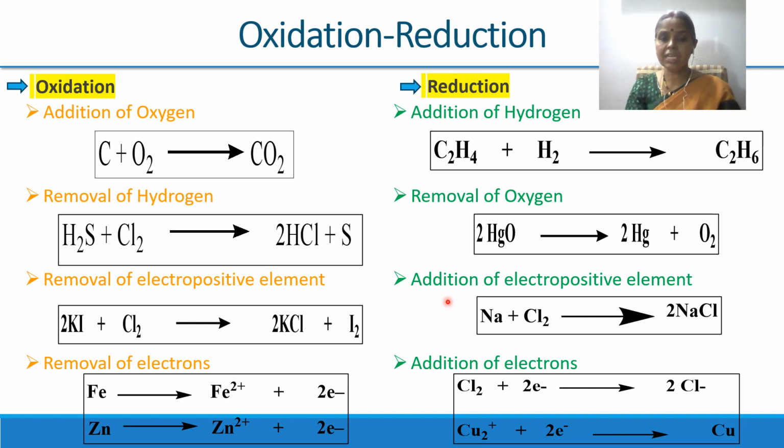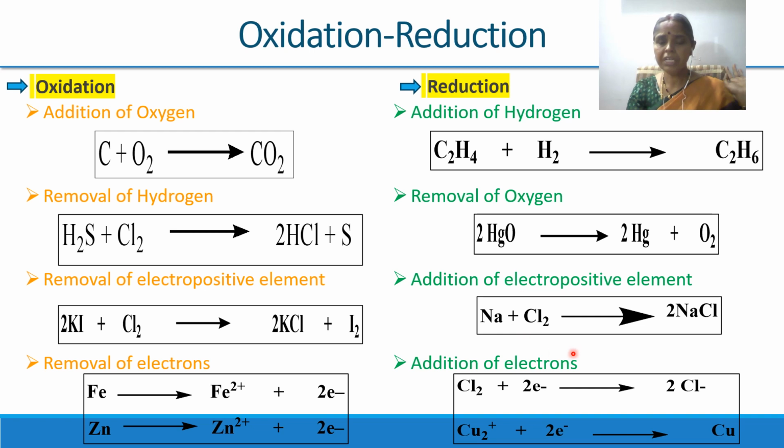Another definition is addition of electropositive element. See, removal of electropositive element is oxidation, addition of electropositive element is a reduction. So, sodium is an electropositive element, it is getting added to chlorine to form sodium chloride. So, you can see here an electropositive element is added to chlorine to form sodium chloride. So, chlorine is getting reduced.